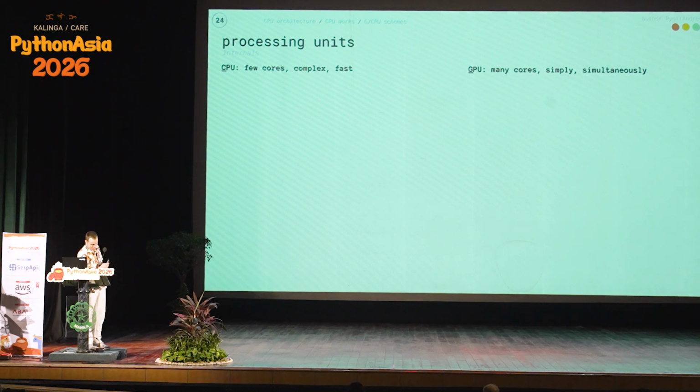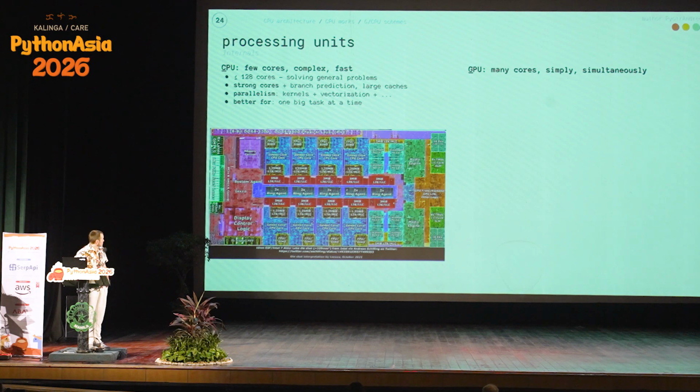The CPU has a few complex, powerful cores focused on quickly executing complex code with a lot of branches, in general purpose, and not so many cores. In general it's around 16 cores for a consumer product, but for a server it could be around 100 cores.